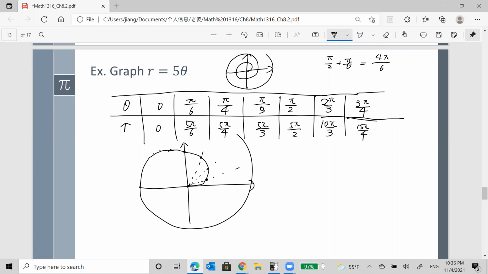Because if theta is bigger, r is getting bigger. And we have learned that theta starts from initial here and then goes this way, this way, this way. So after 0 to 2 pi, theta continues this way, but r is getting bigger. So the shape is like a spiral.